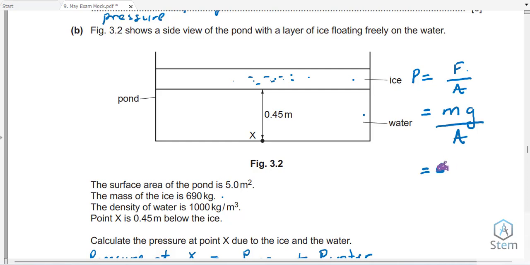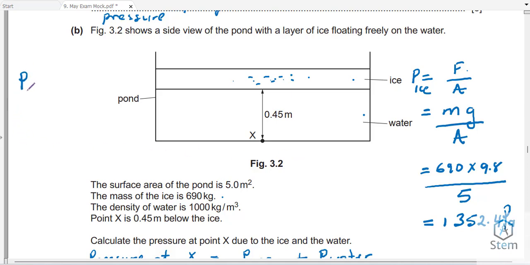We are looking at 690 multiplied by 9.8. We divide this by 5. This gives us the pressure due to ice. So we punch in the calculator. This is 1352.4 pascals.